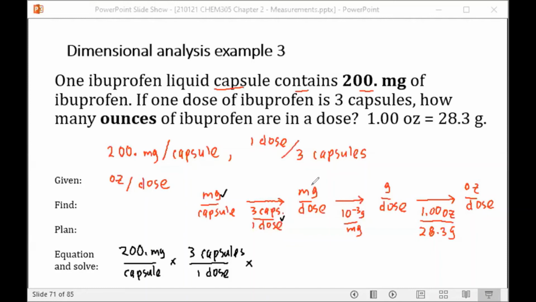Now our next conversion is to go from milligrams to grams. So we know that there's 10 to the negative 3 grams in every milligram. So we did that one. And then our next conversion is to go from grams to ounces. So right here, we know there's 1 ounce for every 28.3 grams.